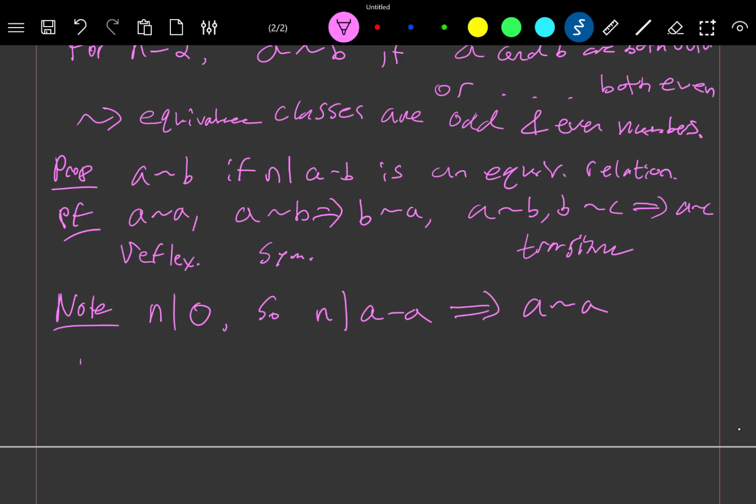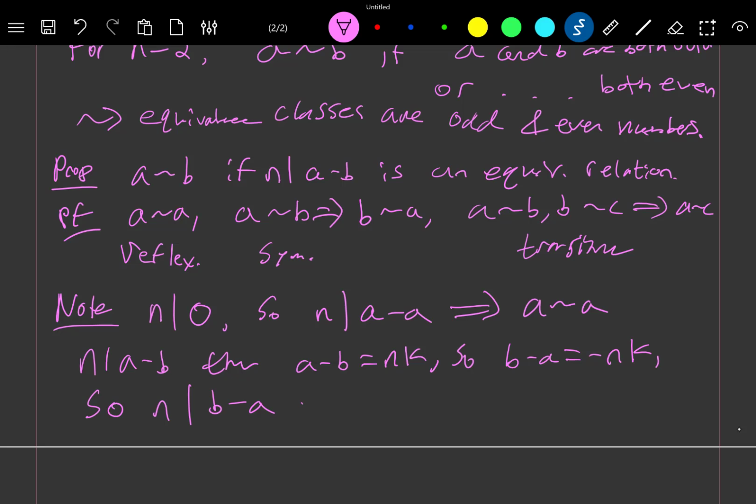For symmetric, if n divides a minus b, then a minus b is equal to nk. So b minus a is minus nk, so n divides b minus a. That tells us that a equivalent to b implies b is equivalent to a. So we are symmetric.